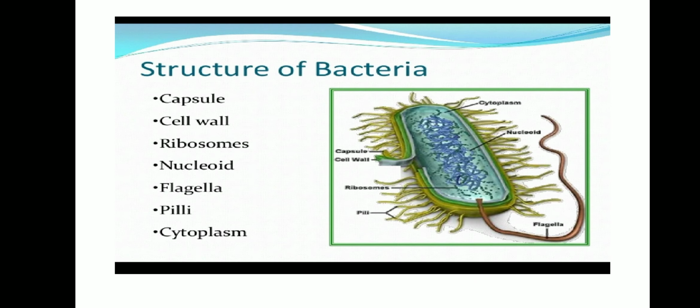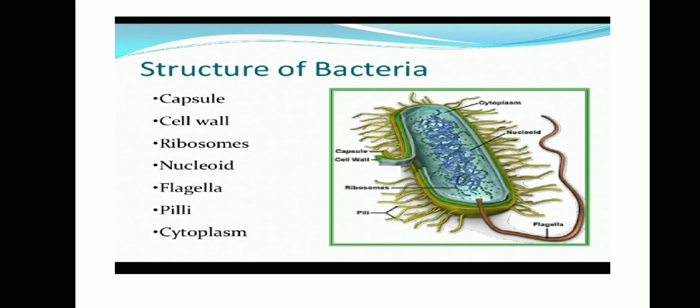I repeat, Atrichous, Monotrichous, Cephalotrichous, Amphitrichous, Peritrichous, and Lophotrichous. A single flagellum at one end is monotrichous. Example, Vibrio cholerae. If only one flagellum is present on one side, it is monotrichous.